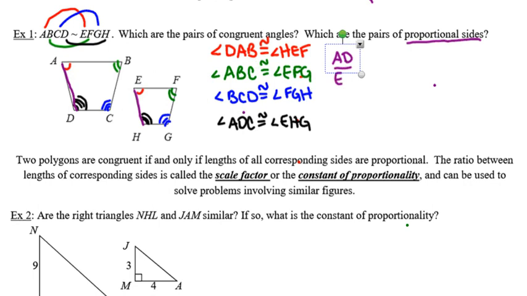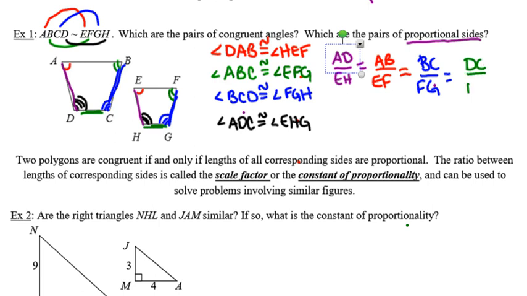And that would be the same as the ratio I would get if I were to compare the top sides, AB and EF, which would be the same as the ratio I would obtain by comparing the right sides of each quadrilateral, BC and FG, which would be identical to the ratio that would be observed if you were to compare the bottom sides, DC to HG.